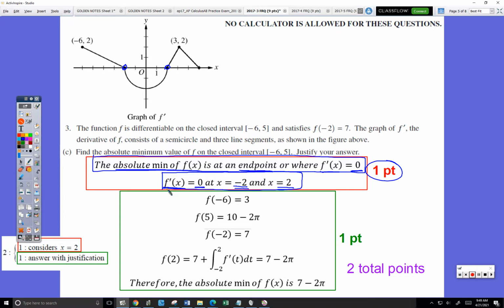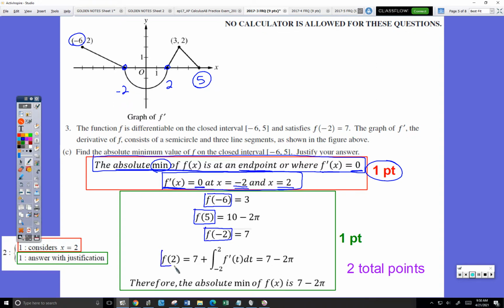Then I've got to go figure out, okay, that means the minimum value of f could occur either at this x-coordinate, the very left end, this x-coordinate, the very right end, or at the x-coordinates where f prime is equal to 0. So I've got to go find 4 different values of f, not f prime, 4 different values of f.